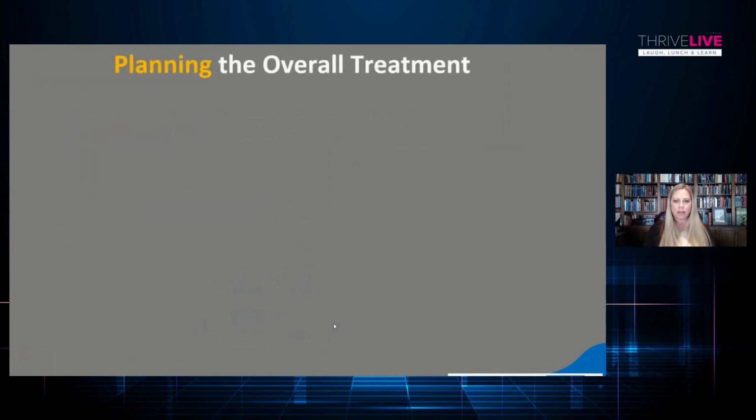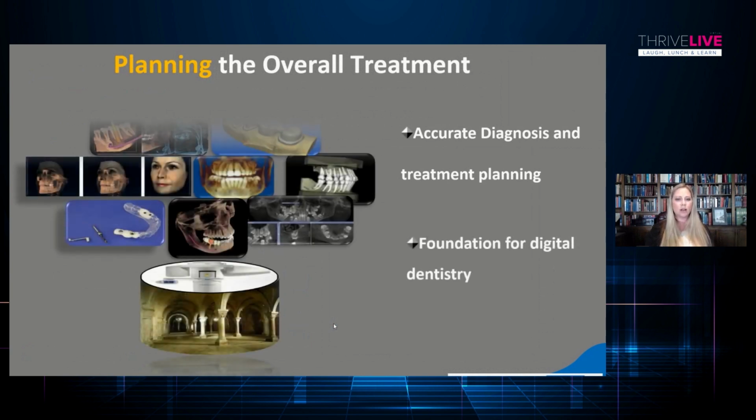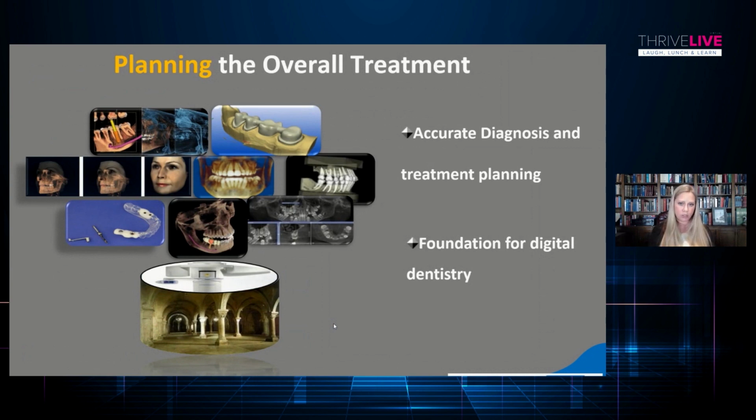Next, we come to planning. We want to plan the overall treatment. And we know that with cone beam CT, we have a more accurate diagnosis and treatment planning than we did with 2D. But really, our cone beam CT is much more than that, and it becomes the foundation for our digital dentistry. You can pretty much do anything that you want to with your cone beam CTs because they're made out of DICOM files, and that's a detailed specification standard for communication and imaging information.